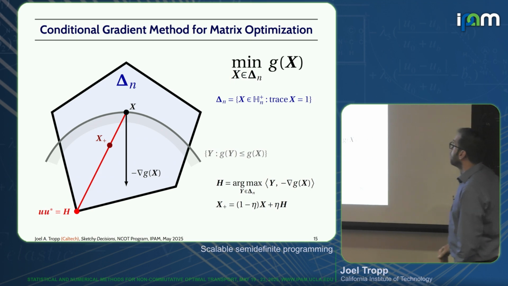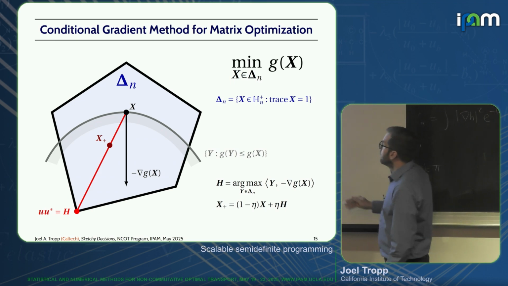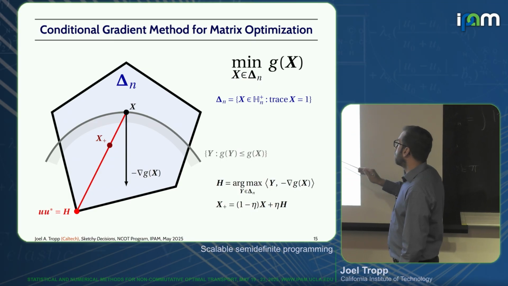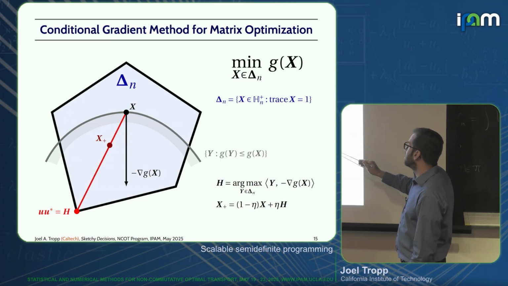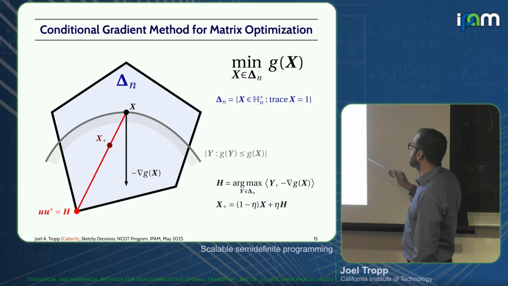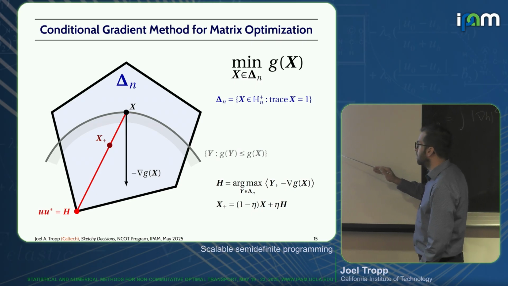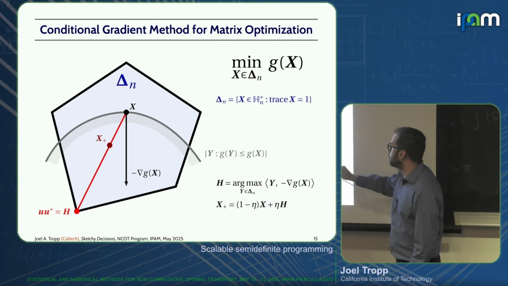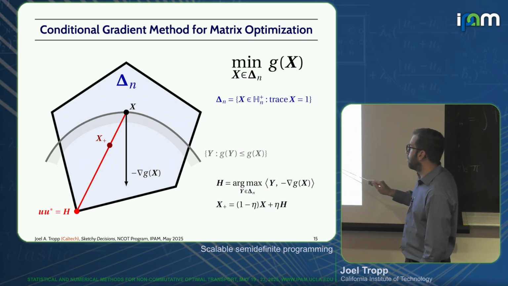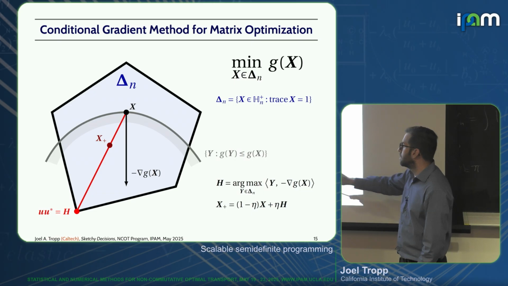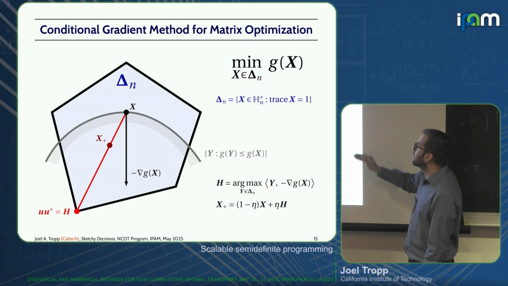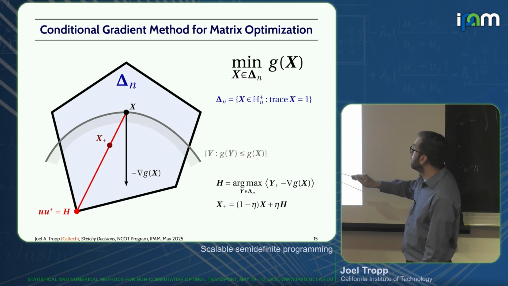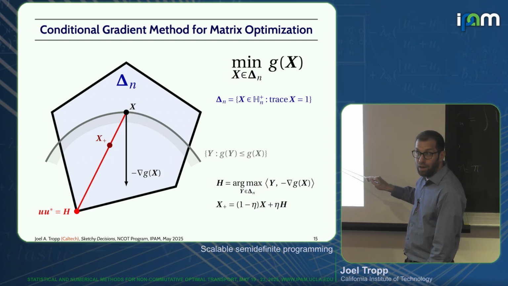So the way this works mathematically is that we are going to find the matrix Y, which is best aligned with the negative gradient of the objective at x. And then we are going to average in the solution to this maximization problem with the current x to get the new point. But in the case of the set of density matrices, H is always rank 1.